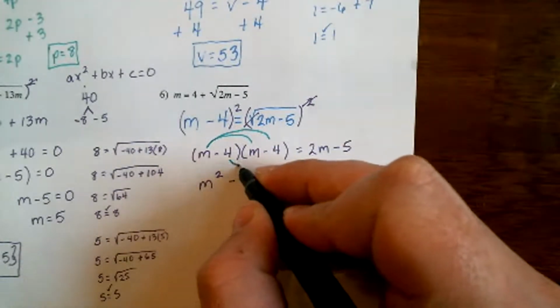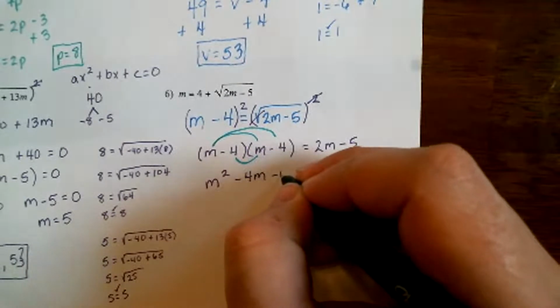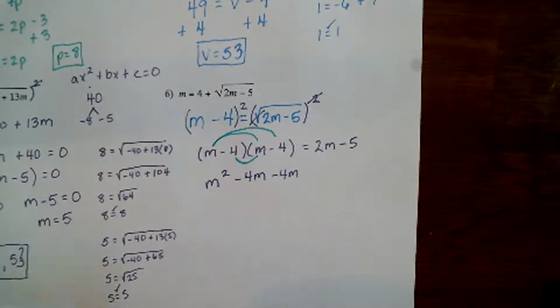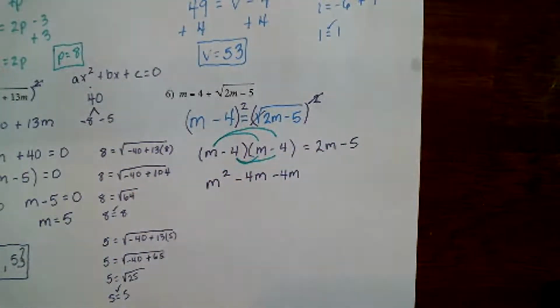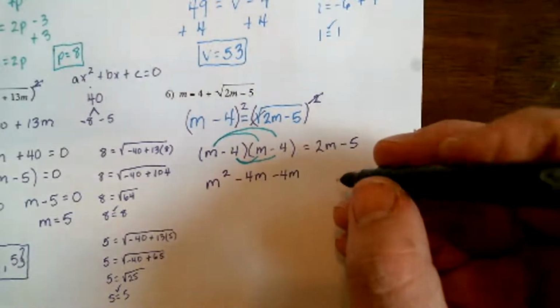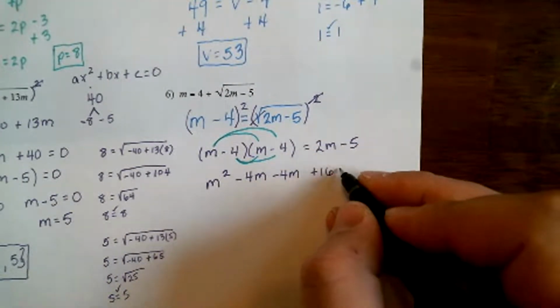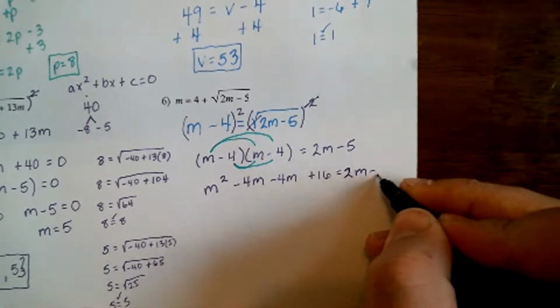Inside would be negative 4m. And last would be positive 16. And that's equal to 2m minus 5.